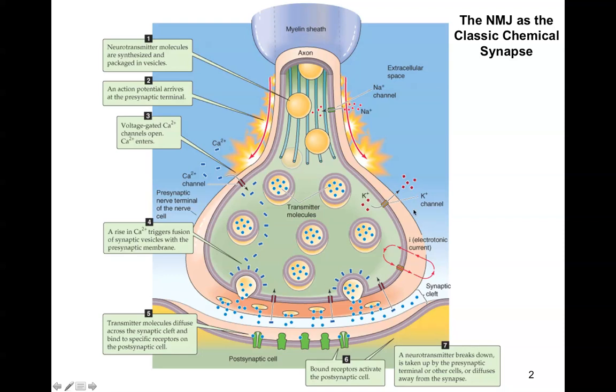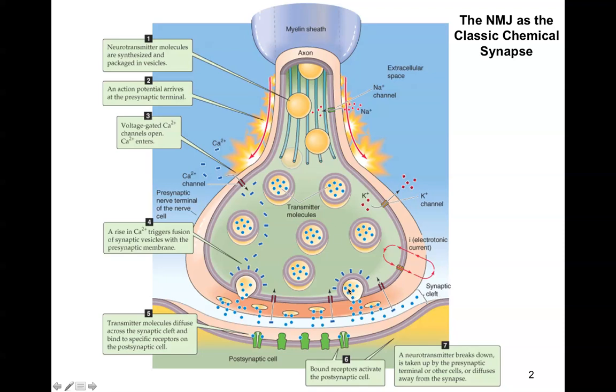A few things to notice is that there is a small space that separates the presynaptic cell, which is the motor neuron, and the postsynaptic cell, which is the skeletal muscle cell. That small space is called the synaptic cleft.